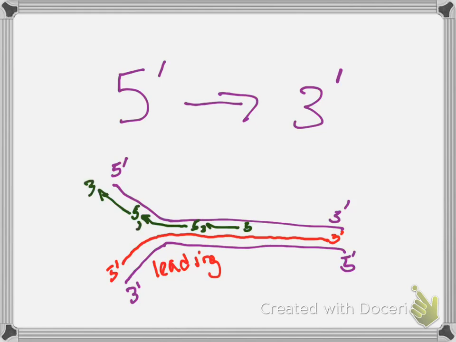So 5' to 3', that is how your RNA is transcribed, and that's how your complementary DNA strands are added on in replication.